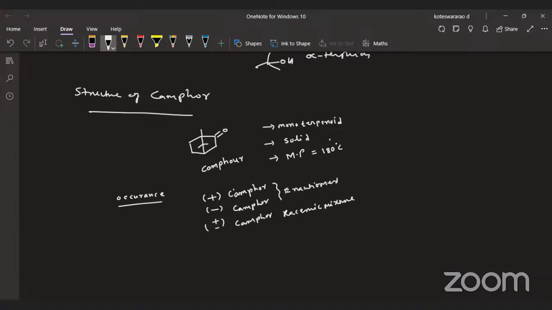Whenever we come to isolation, the plus camphor, that is 1R, 4R camphor, has two chiral centers. It is isolated from the camphor tree.